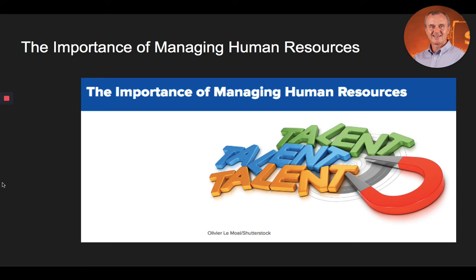The AMO framework bundles HR practices into three but interrelated components. The first, the A, is managing employee abilities, identifying, acquiring, and developing employee talent.